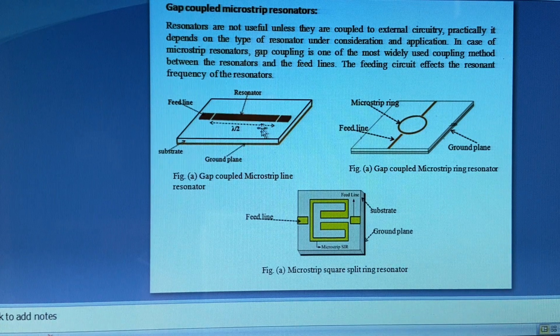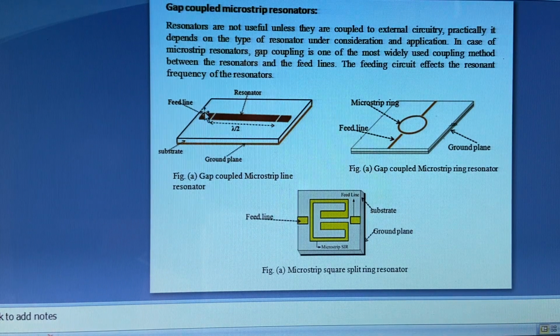This is actually the resonator. In this gap coupled microstrip line resonator, to this we should connect the external excitation source, that is, external circuitry.